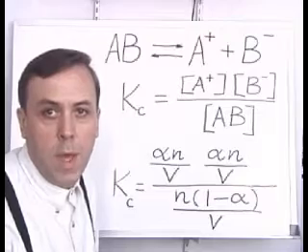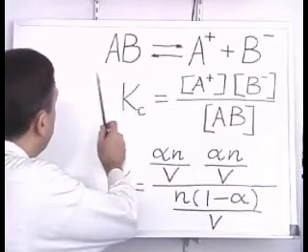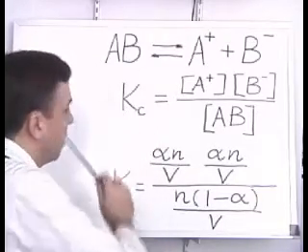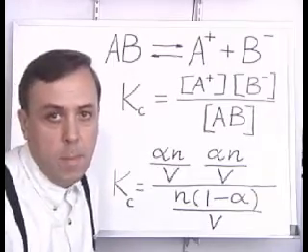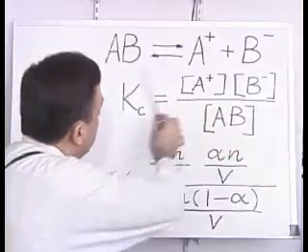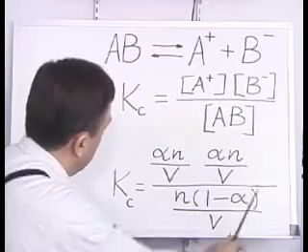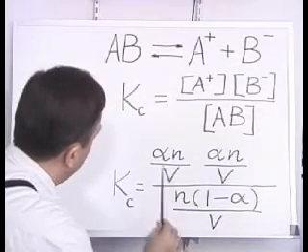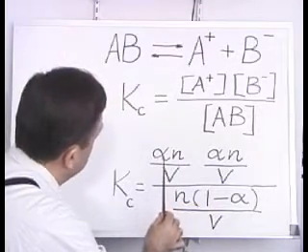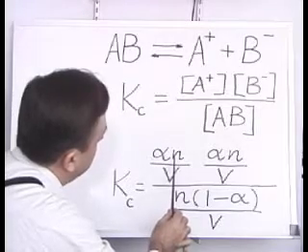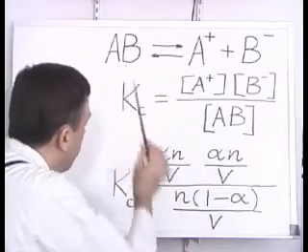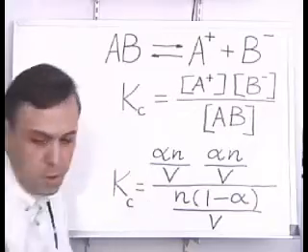Also, if we have a binary 1,1 electrolyte AB in solution at equilibrium, then the expression of the equilibrium constant can acquire this form, where alpha is the degree of dissociation of the electrolyte, n is the total number of moles of AB, and V is the volume of the solution.